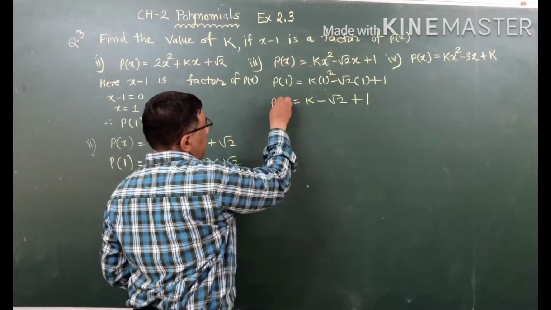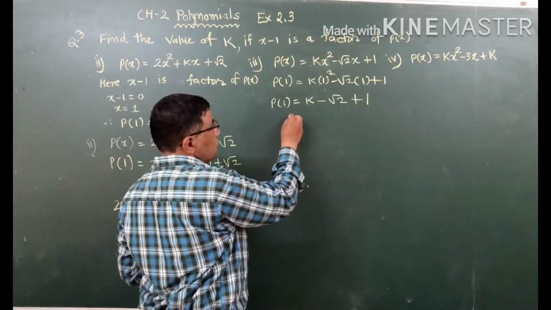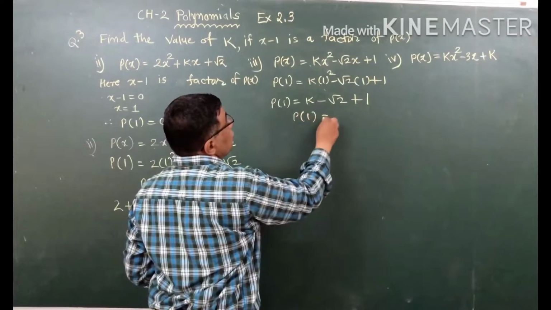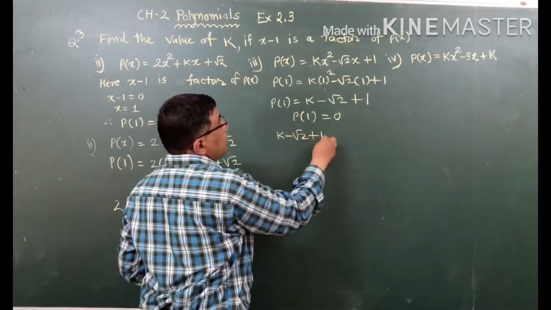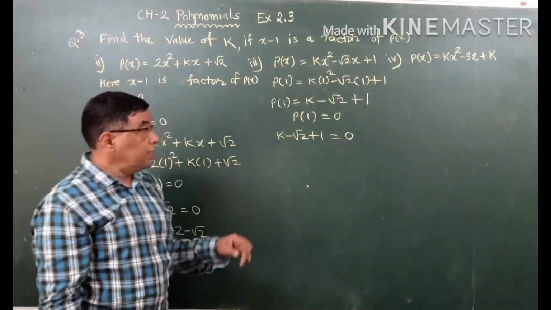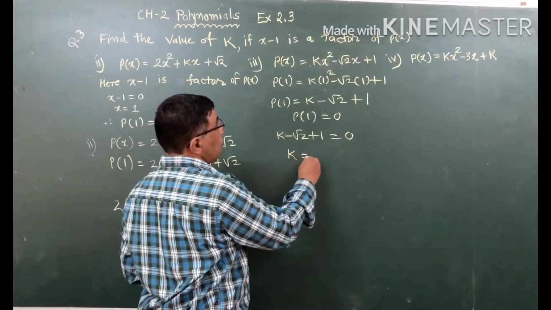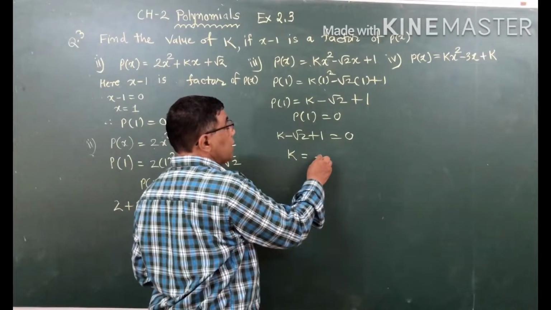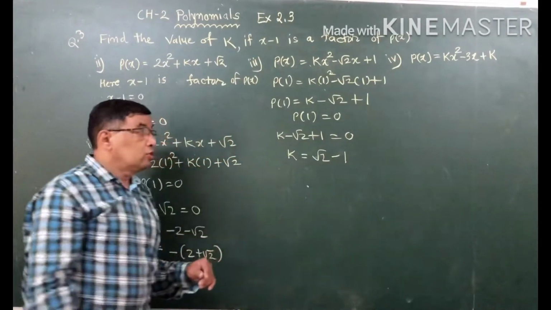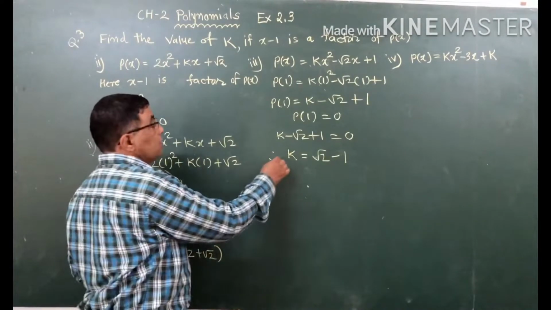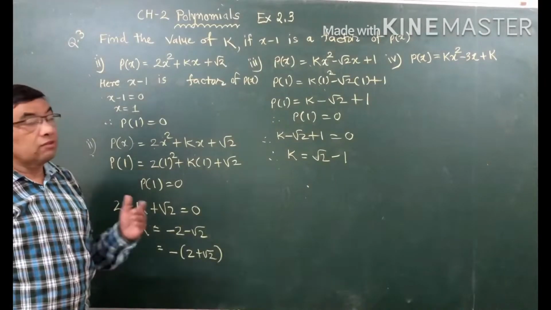As previously, p of 1 equals 0 here also. So we get k minus root 2 plus 1 equal to 0. And therefore k equals, this minus root 2 goes to the other side, so root 2, and this 1 is minus 1. So k equals root 2 minus 1.